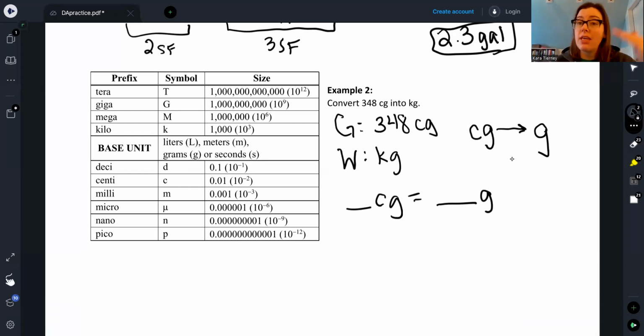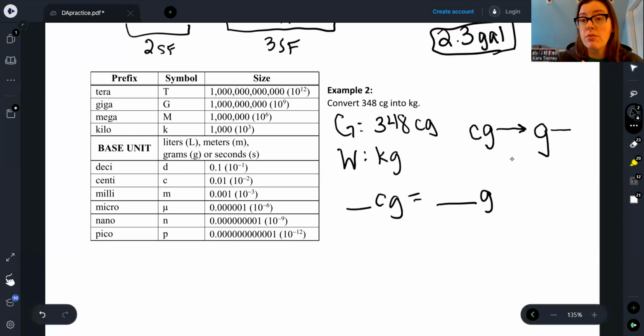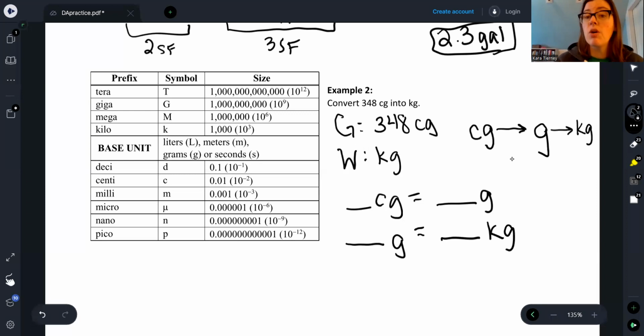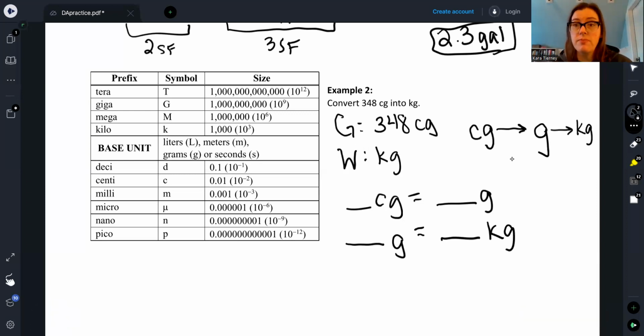Whenever you have a given and a wanted that both have a prefix with the same base unit, centigrams and kilograms, always go to that base unit, grams, in the middle. Now that we get to grams, we can go to kilograms after that by writing a separate equation, grams and kilograms. We're going to use both of these equations.